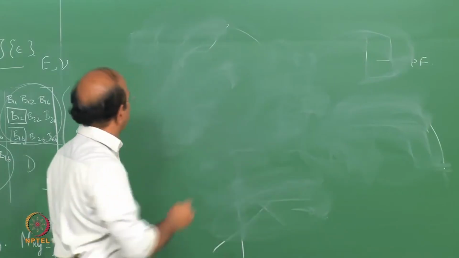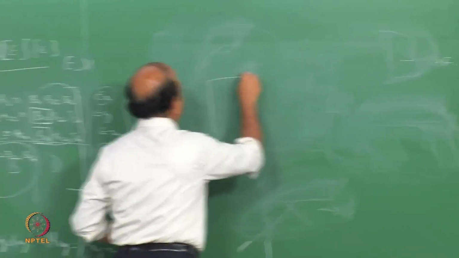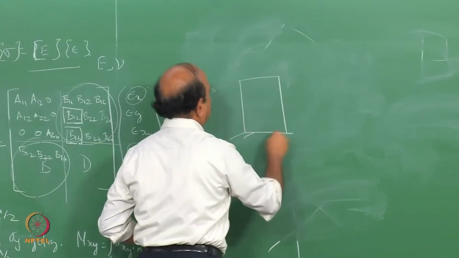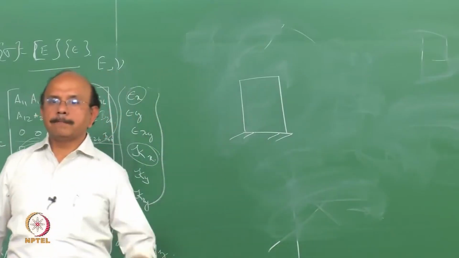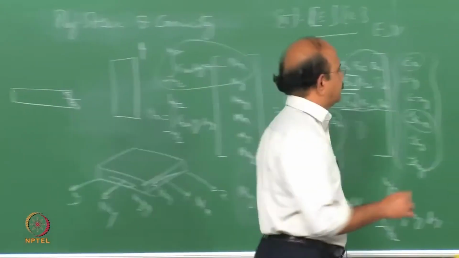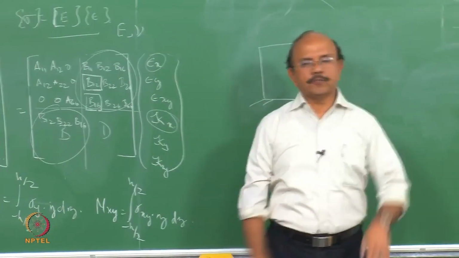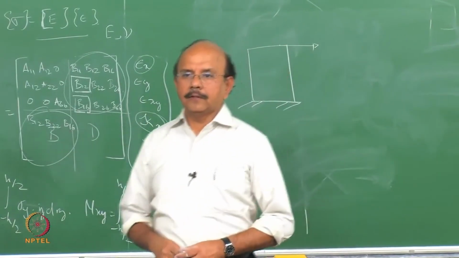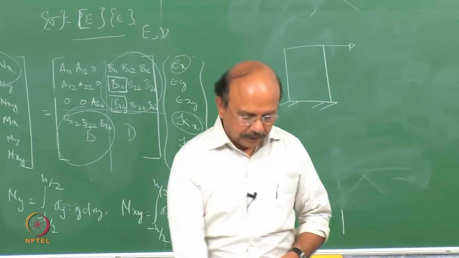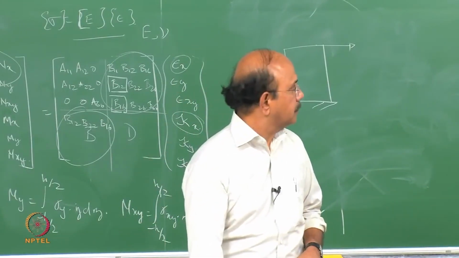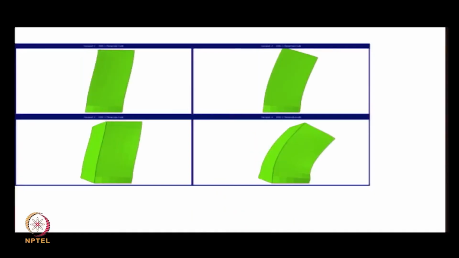Let me model this block, say a square block, and apply a force in this direction, for both of these. Now let's see what happens. I can do two things.